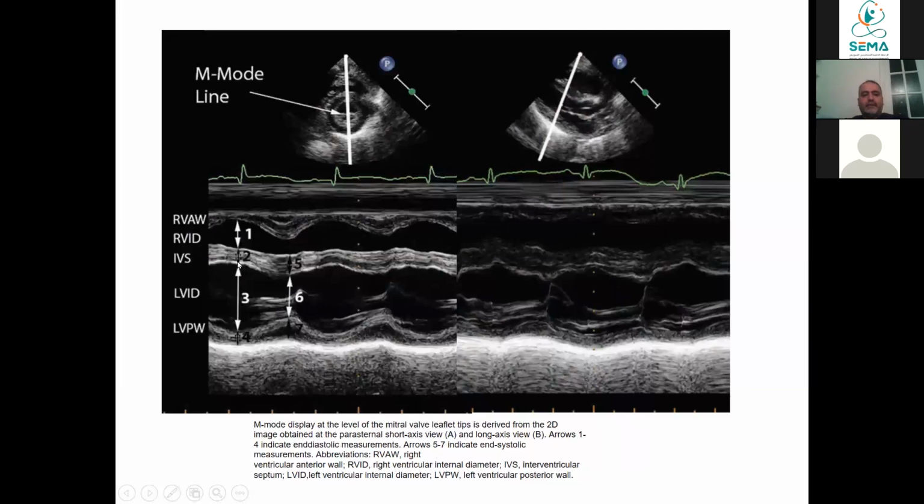So this is systole, this is diastole. Just measure from here to here, then from here to here, and the machine will calculate for you how much the ejection fraction is.